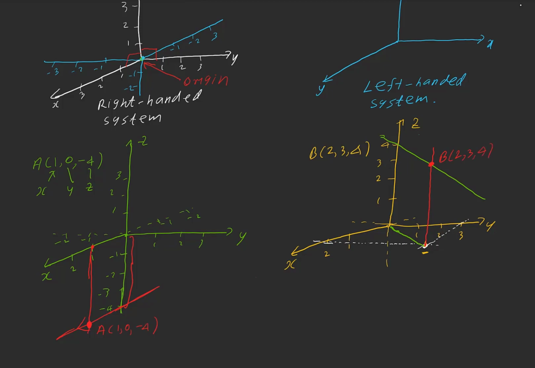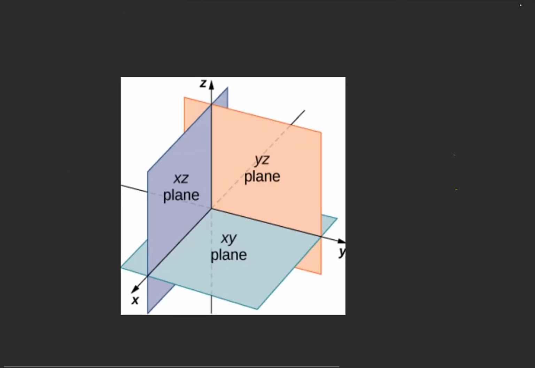As I explained in my previous video, you already know there are 3 planes in this system. What are those planes? The YZ plane, XZ plane, and XY plane. Let me show you. So this is the 3D coordinate system, the right-handed system, XYZ. So now you see very clearly the XZ plane, YZ plane and XY plane.